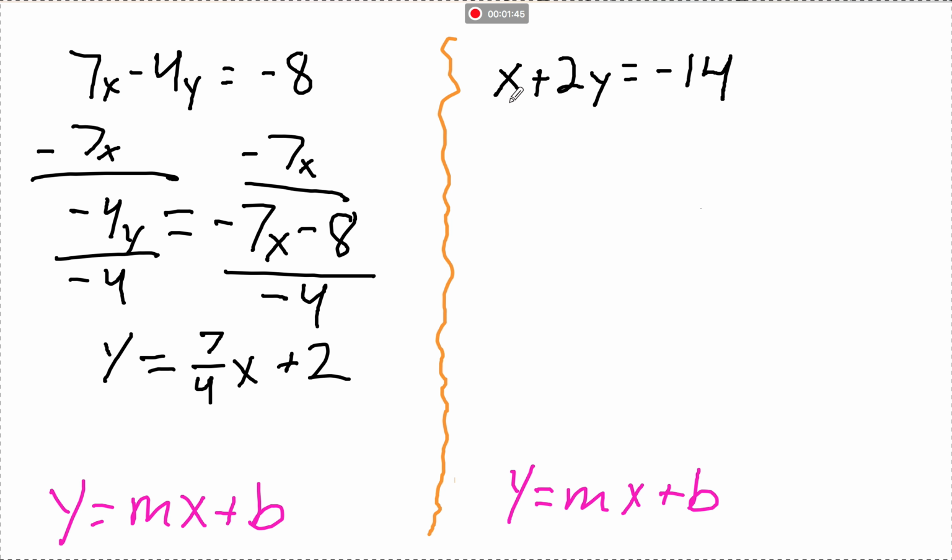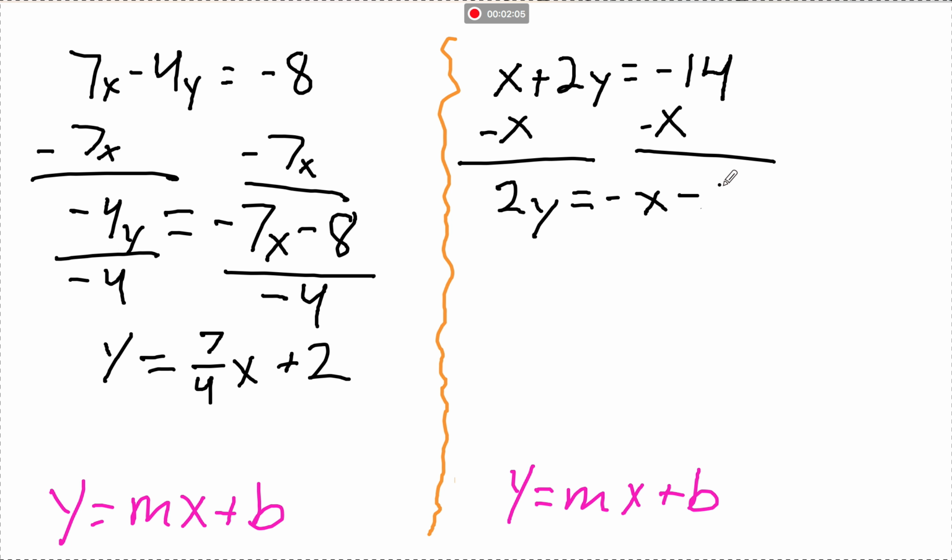Over here we have x plus 2y equals negative 14. So we're going to subtract x from both sides, and that's going to give us 2y equals negative x minus 14.